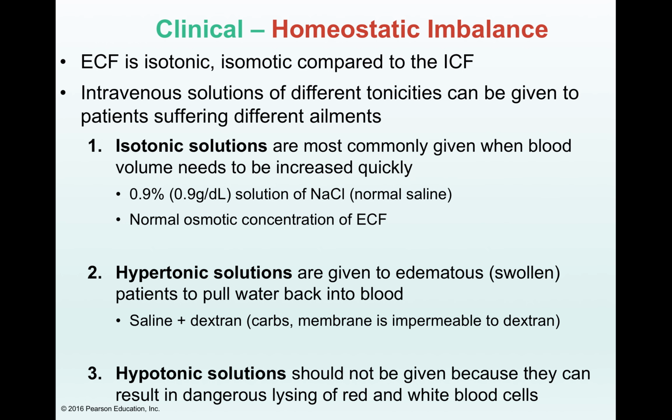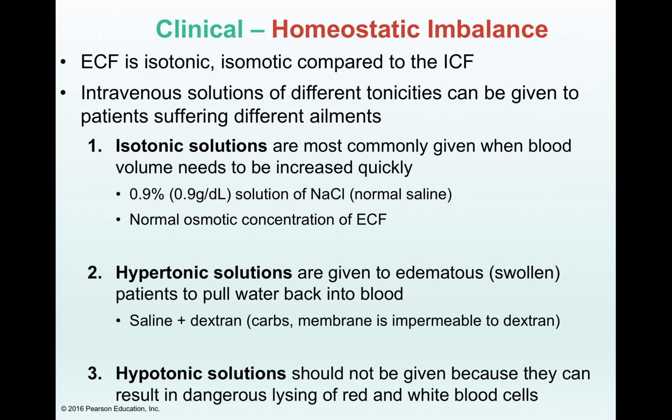Hypertonic solutions are usually given to people that are swollen. What a hypertonic solution is going to do is create a higher solute environment around the cell, and that hypertonic environment is going to pull water out of your cells and back into your bloodstream, taking the swelling away.